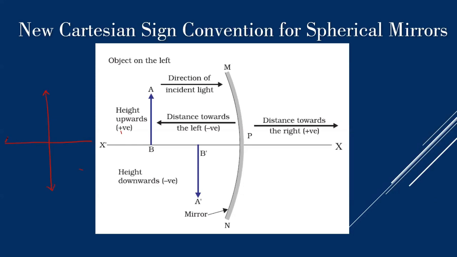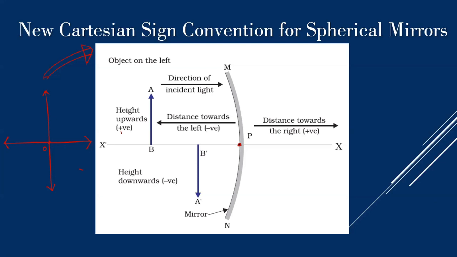If you are aware of that, it is very easy. So this is always our origin. The point where we keep the origin for our Cartesian coordinate system, when we apply it to spherical mirrors or to light, becomes your pole. Understood? So this is your pole.